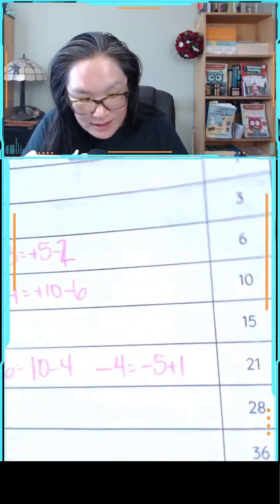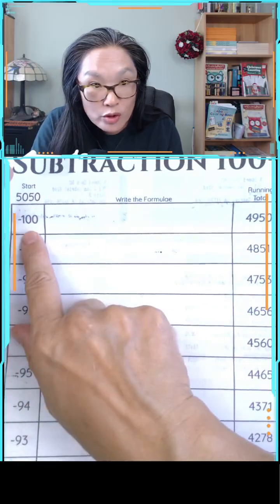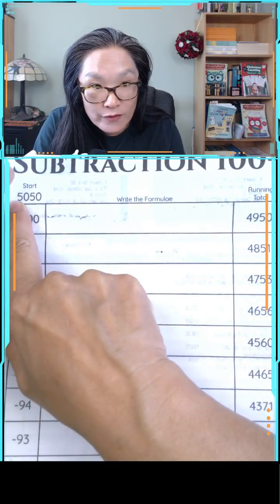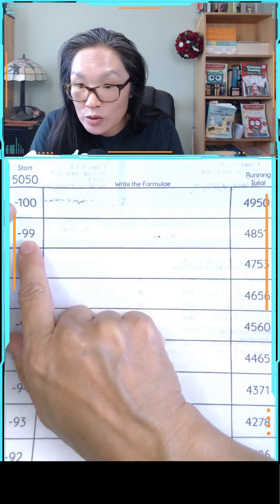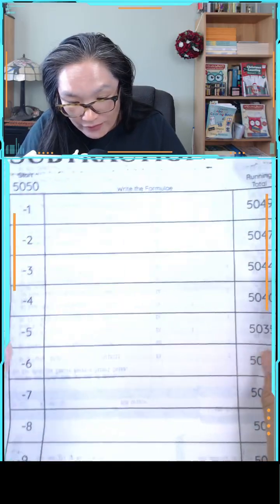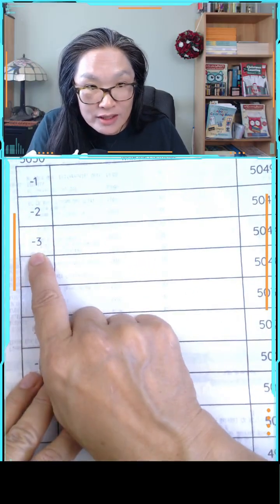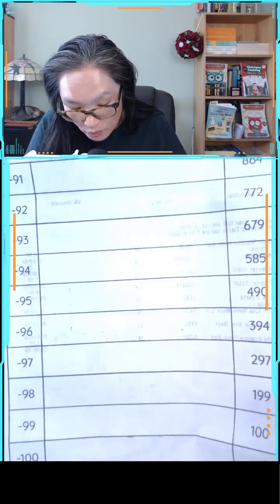Yes, that is the exercise. So this one is subtraction. So you subtract from 100 to 50, and you keep going till you get to 0. So that's another activity. And then we have the next one, which is the other way: subtract minus 1, minus 2, minus 3, and you keep going.